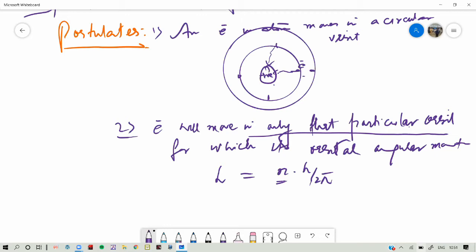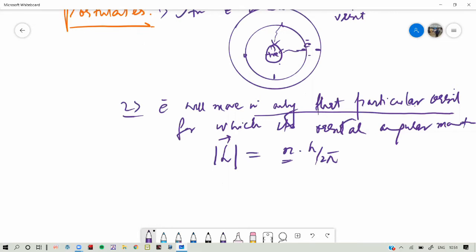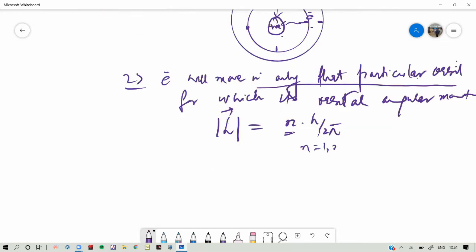So Bohr proposed that out of the infinite number of orbits for the electron outside the nucleus, only those orbits are allowed for which the orbital angular momentum L is an integral multiple of h cut, where h is Planck's constant. We can say that the magnitude of L, which is a vector quantity, is nh by 2 pi, where n is equal to 1, 2, 3.